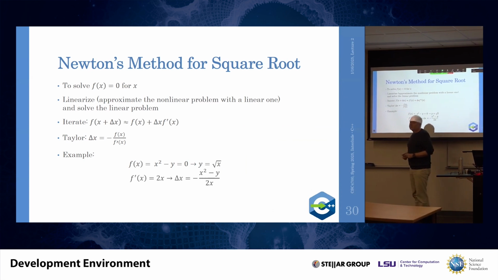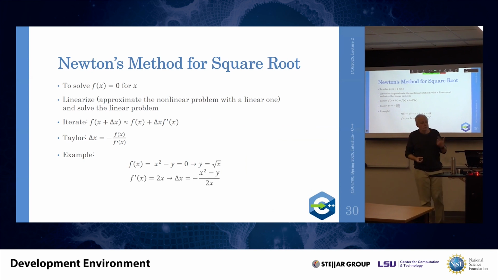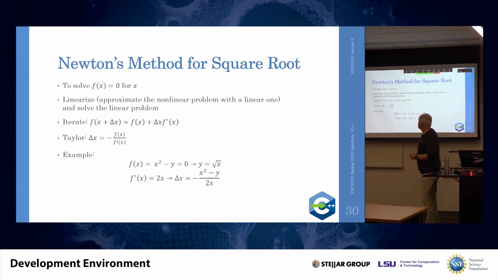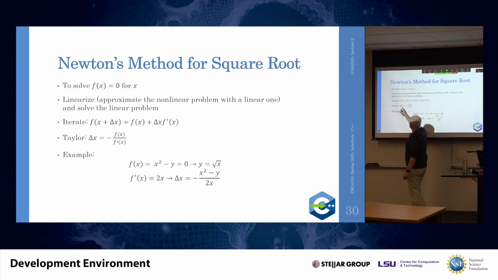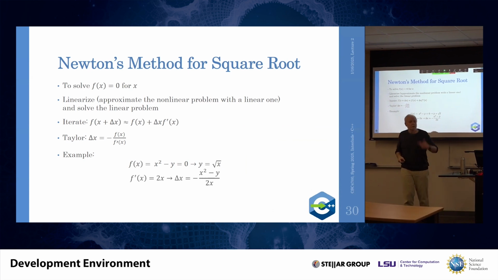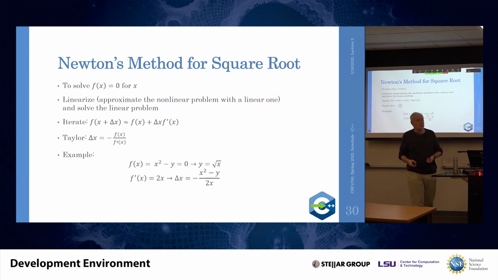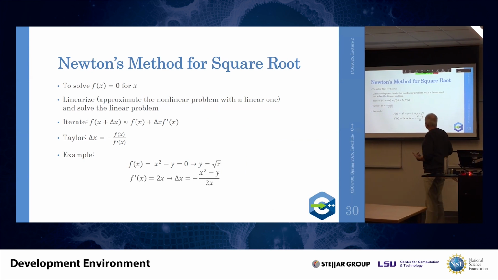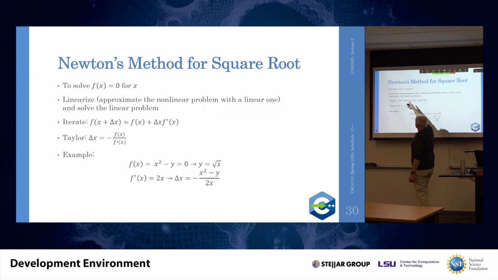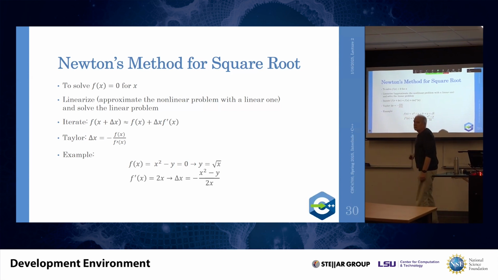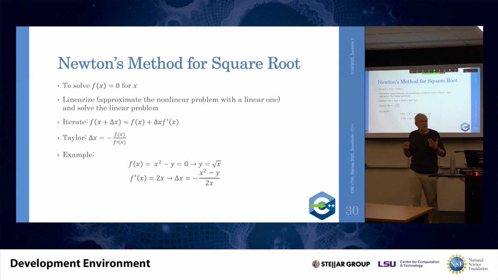So we can derive a simple rank 1 Taylor series which tells us that delta x is essentially defined as minus f of x divided by the gradient of that function at that point. And that allows us to find f(x) equals 0.